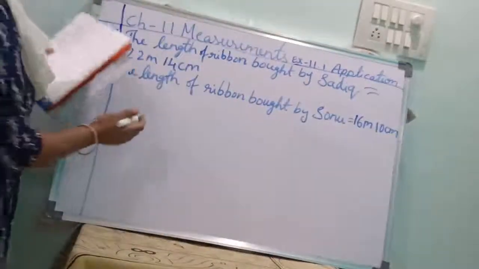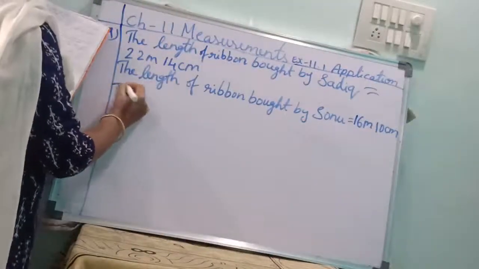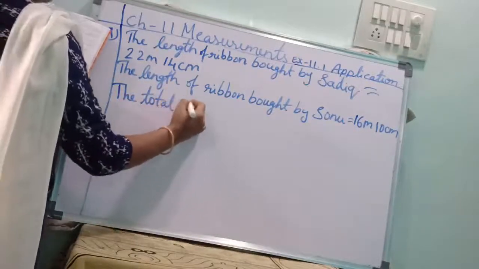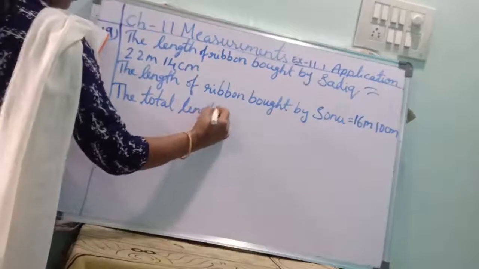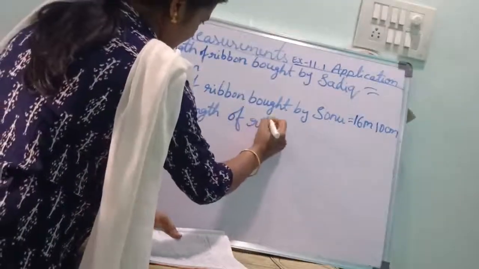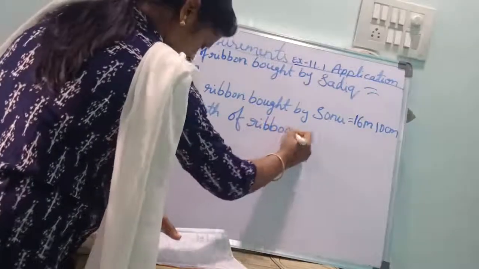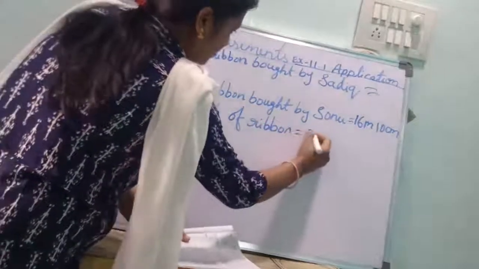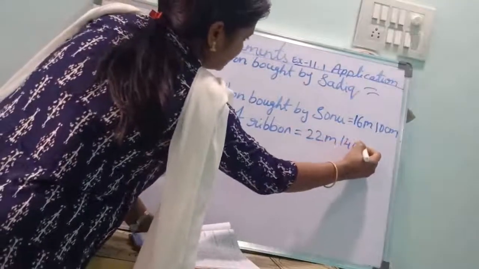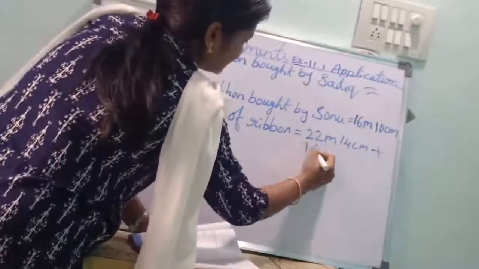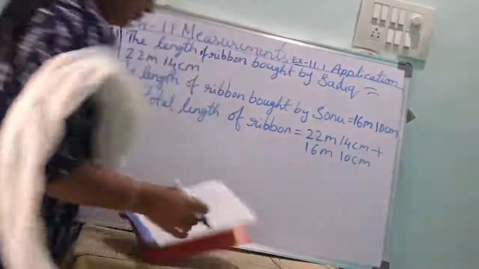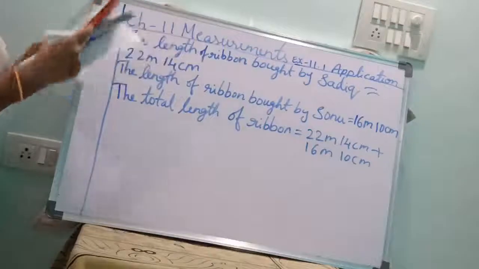Next, the total length of ribbon is equal to 22 meters 14 centimeters plus 16 meters 10 centimeters. What is the total of this?